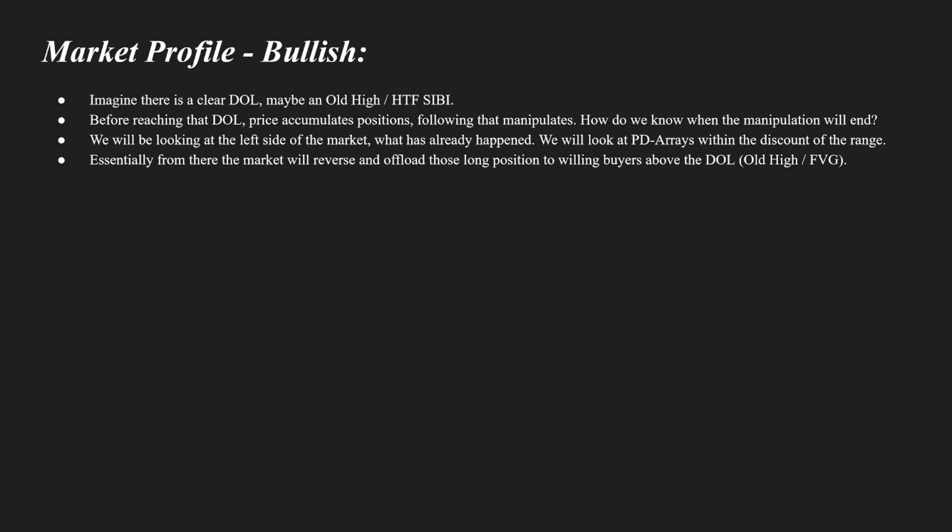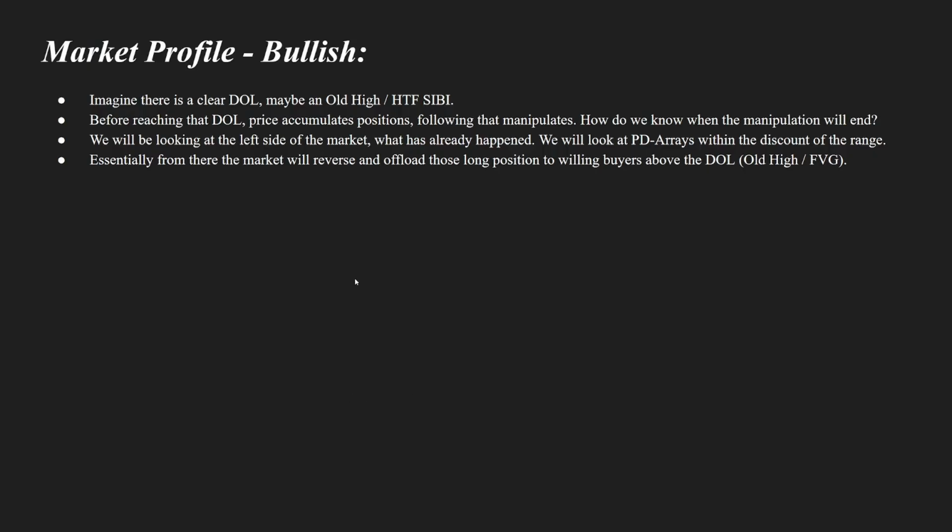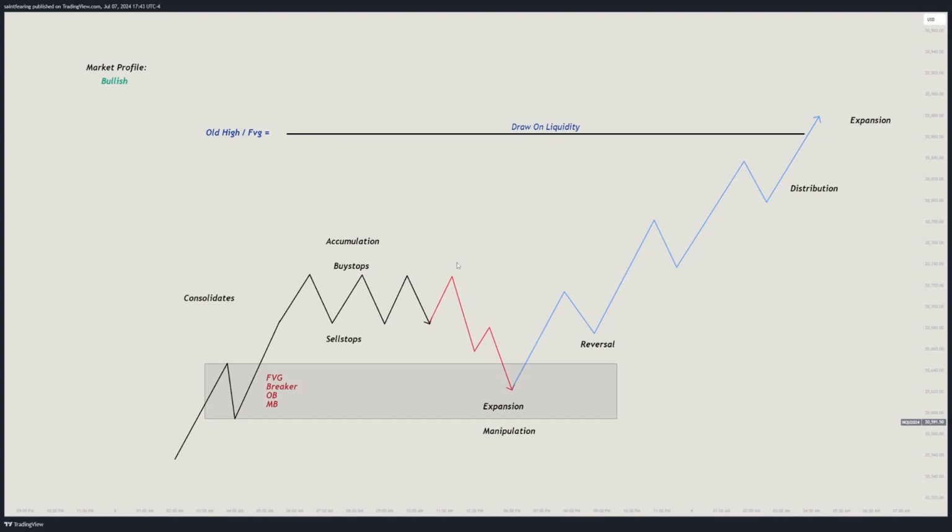So, following the accumulation, price is going to manipulate down into an often higher time frame PD array, which is often going to be a fair value gap, a breaker block, an order block, mitigation block, etc. That could also be an old low, old swing low, and so on. Essentially from there, we're looking for market to reverse and offload those long positions to willing buyers above the drawn liquidity.